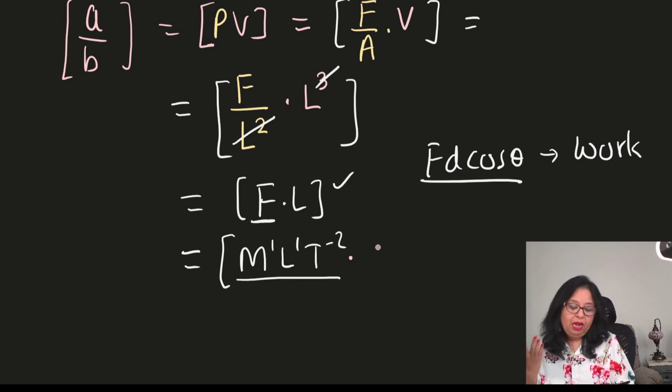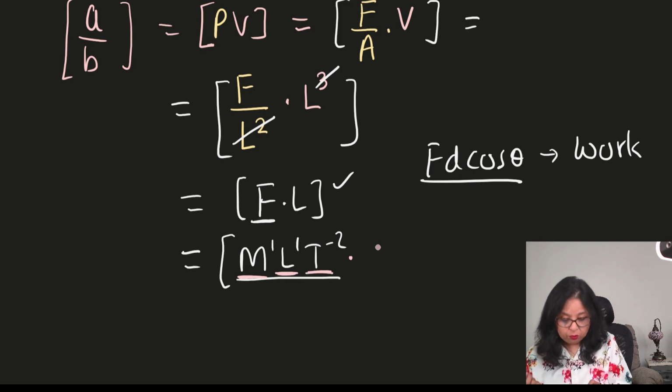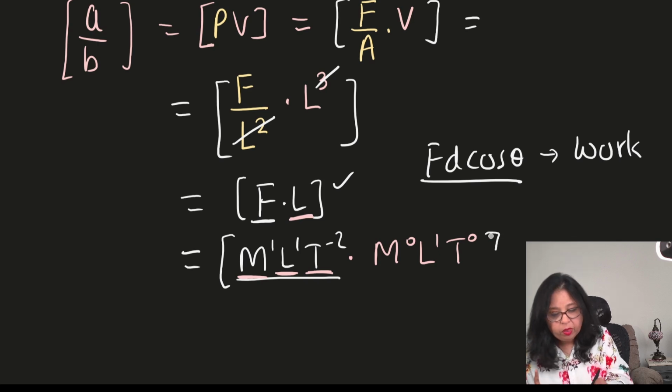Anyway, I really do not think there's any need to memorize it because force is mass times acceleration, and acceleration is meters per second squared. So here's mass times meter, L1, per second squared, T to the negative 2, times this L. This L is M0 L1 T0, parentheses closed.